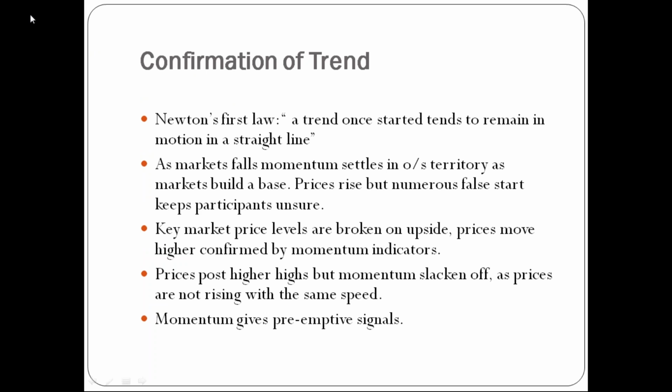Now, how do momentum indicators help us in confirmation of the trend? Newton's first law of motion: a trend once started tends to remain in motion in a straight line. It means that once the trend has started, it will go on in the same direction for some time. It is not that the trend changes overnight or in a matter of a day.